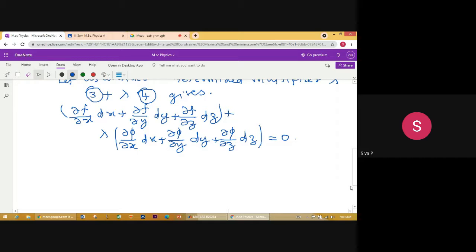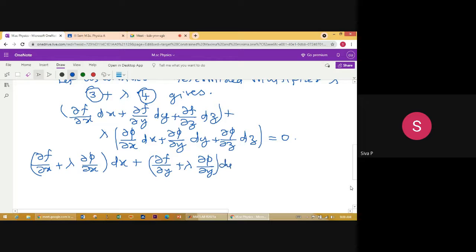If we simplify this, we will get dou f by dou x plus lambda dou phi by dou x, into dx, plus dou f by dou y plus lambda dou phi by dou y, into dy, plus dou f by dou z plus lambda dou phi by dou z, into dz, equal to 0.